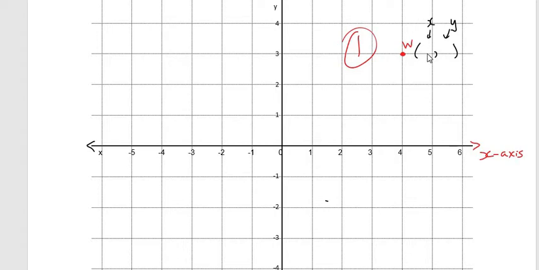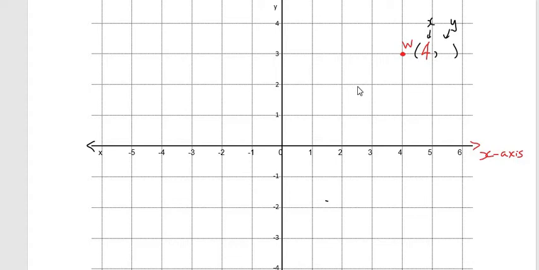So the first will always be the x location, and the second will always be the y location. We call it the x coordinate and the y coordinate. The x and y coordinate together for a point, basically, because every point on the coordinate plane will have an x coordinate, an x location, and a y location. In other words, you'll be able to identify it via both locations. So you're here. Your x location is 4. So let's put that in.